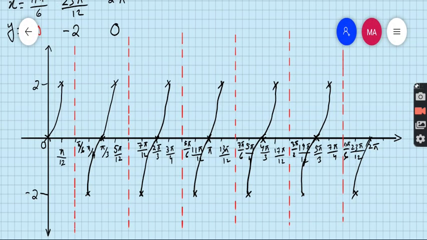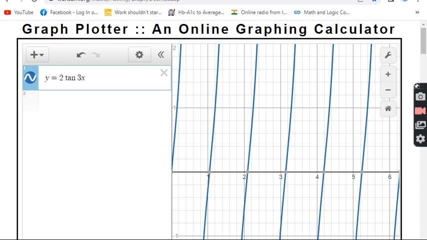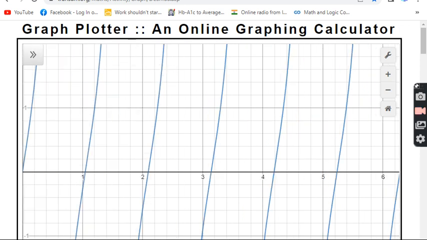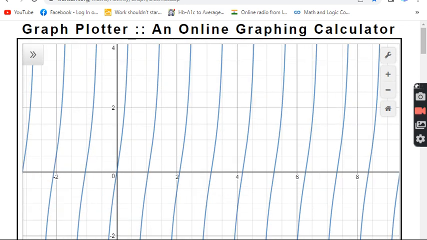This is the graph of y equals 2 tan 3x, and this is also the graph of y equals 2 tan 3x.